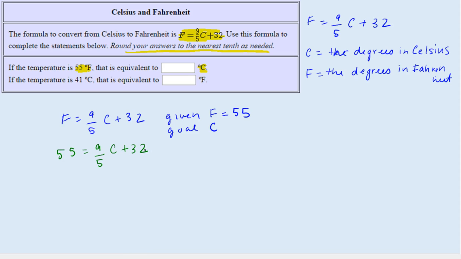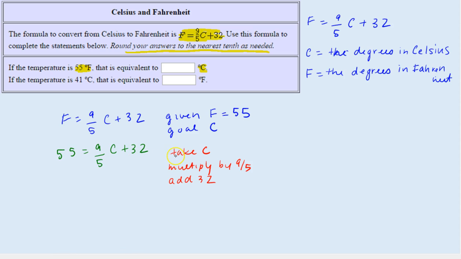And now we're going to solve for C. So again, thinking about what this side represents, this says take the Celsius value, multiply it by 9/5, and then add 32. So that's what this process is. If you take the Celsius value, multiply it by 9/5 and add 32, the result will be 55.